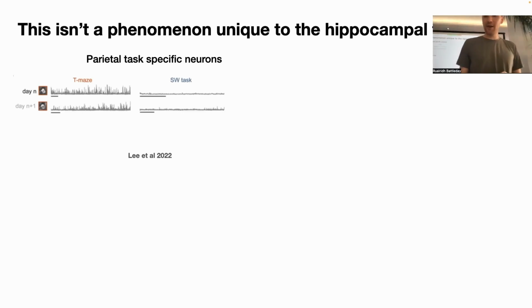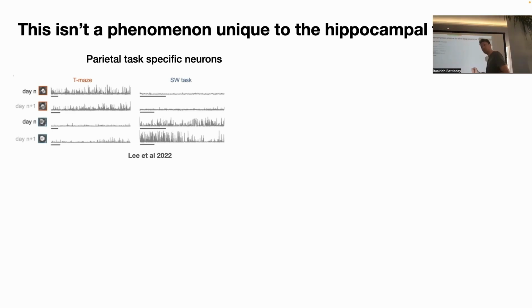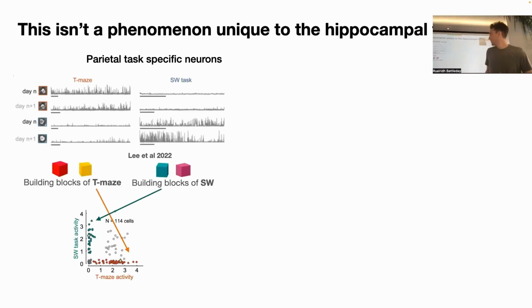So this cell only cares about that. Here's another cell that only cares about the steering wheel task, doesn't care about the T-maze task. And this is true across the whole population. These cells care about one task or the other. There's a few that seem to care about both, but most cells care about one task or the other task. Cells care about one thing at a time.